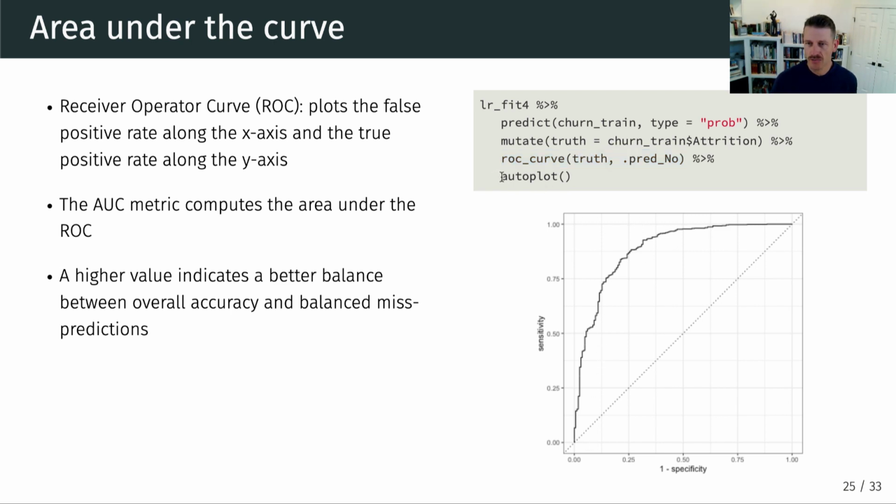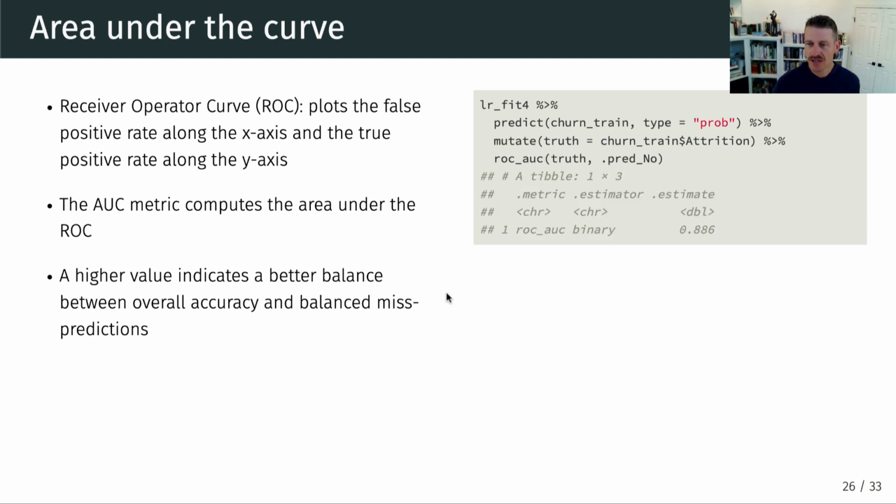We just use this autoplot, which is going to automatically create this plot for us. And we can see we are doing much better than this dotted line, which is a good thing. But what is that AUC? Well, we can get that by using the ROC AUC. And so now we see that our ROC curve is actually 0.886, so right about 89%. That's our area under the curve.